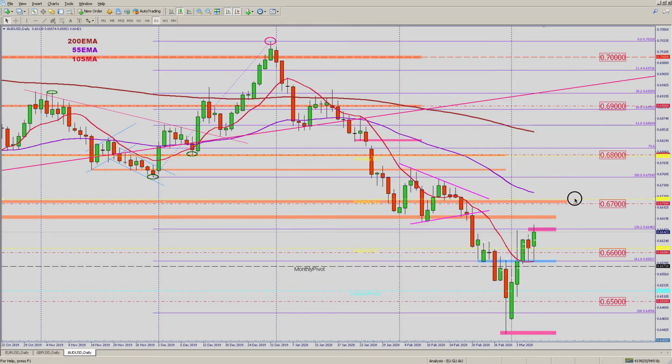If it does get up to even retest the daily 55 EMA, then there could be some pullback and retracement and consolidation. But meanwhile, it needs to build some bullish momentum to push it up there. So we'll see how the China news affects the movement early in the week.